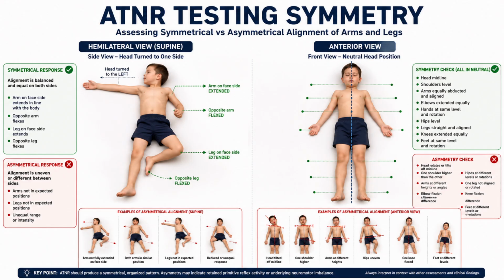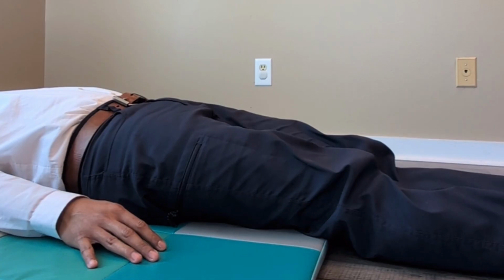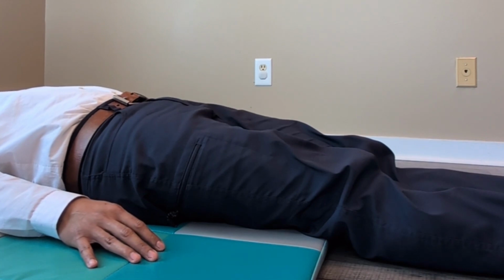You see my feet? Are they equal, or is one longer than the other? They look equal to me. Sometimes you would say, hey, can you turn your head to the other side? Do you see any changes? No. Now turn the other side. Any changes? I don't think so.